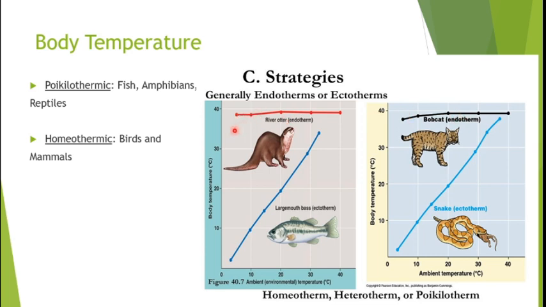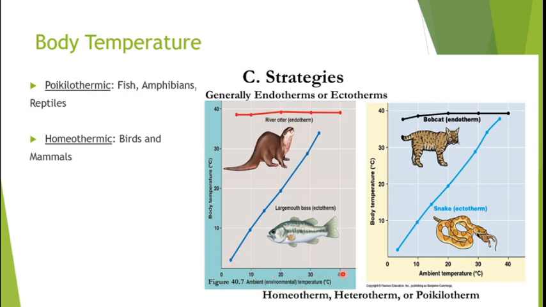The human being, we've got it down here. Our body is about 36 degrees. But most of the animals, as you can see, they don't care about the temperature of the environment. They maintain it. In the case of the poikilothermic animals like fish, amphibians, and reptiles, the temperature of the body depends completely on the environmental temperature.